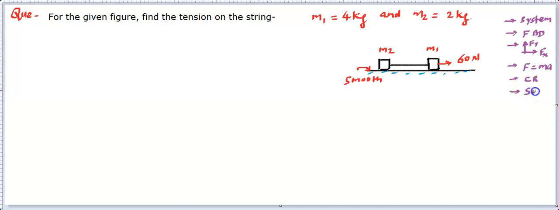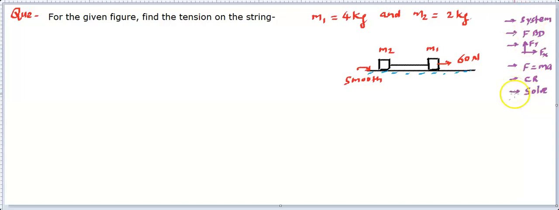After solving them, you can get your answer. So these are the points, or the way to work, for problems related to Newton's laws of motion. We need to follow this, and finally we will get our answer.